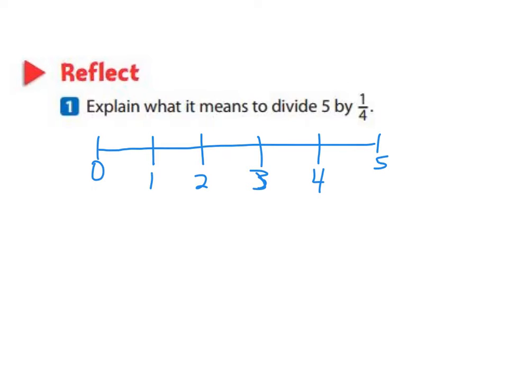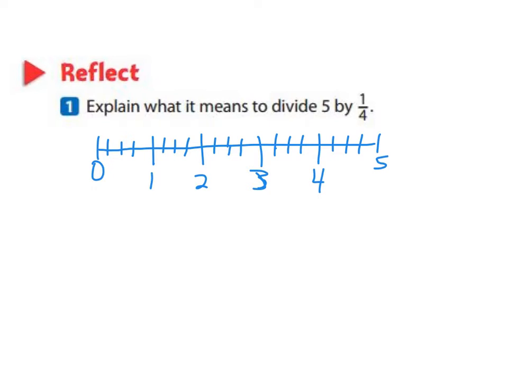Now, I'm dividing 5 by 1/4, which tells me that my 5 wholes each need to be divided into fourths. Okay? So if you remember, when we divide into fourths, we're going to put 3 lines between each whole number because that's taking a whole number and dividing it into 4 parts.